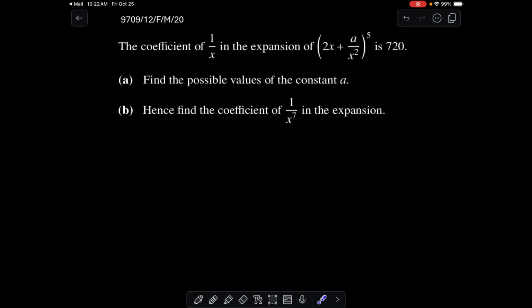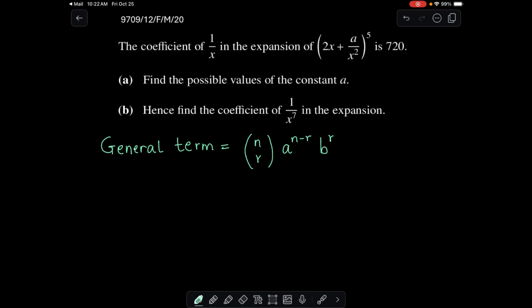Let me remind you what is the general term in a binomial expansion. The general term is given as nCr a to the power of n minus r, b to the power of r. Over here your n is going to be 5, a is going to be 2x, and b is going to be a over x squared.